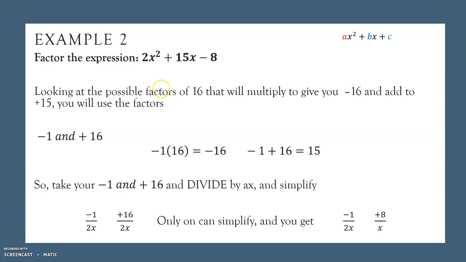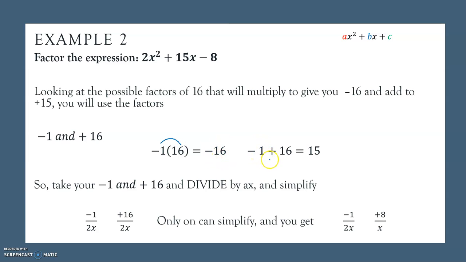Now, after looking at the possible factors of 16 that will multiply to give you negative 16 and add to positive 15, you will notice if you take negative 1 and positive 16, they multiply together to give you negative 16.